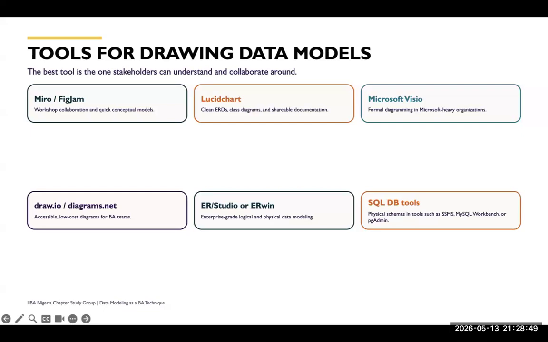So some of the tools that you could use to draw your data models: you have your Miro board, Lucidchart, Visio. You could use any of these. I use Visio primarily in my organization, Lucid as well. I used it in my previous organization and we're using Miro boards now. Very, very useful for workshops. Love them.